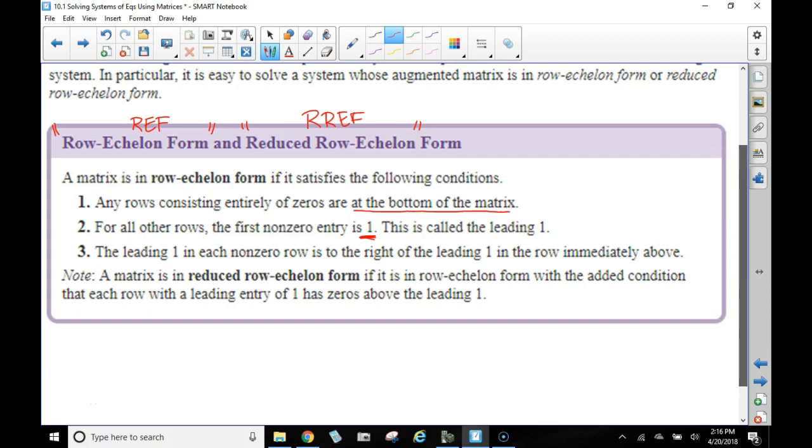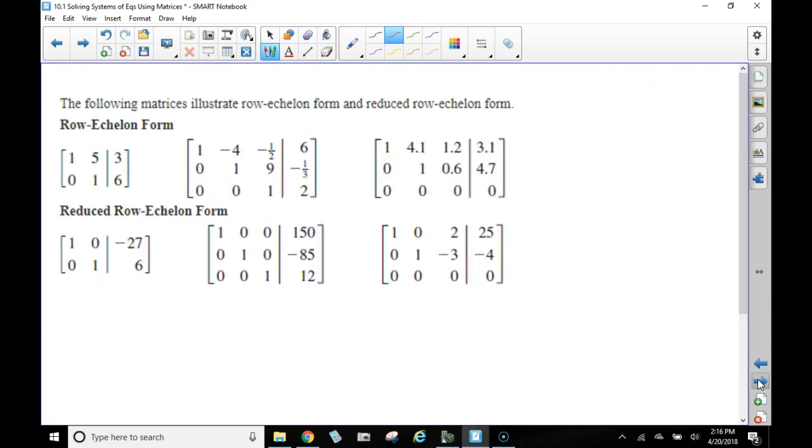Okay? So a matrix is in reduced row echelon form if it is not only in row echelon form, but also each row with the leading entry of 1 has zeros above the leading one. Let me show you some examples of row echelon form. See, leading 1, a 0 down here, okay?